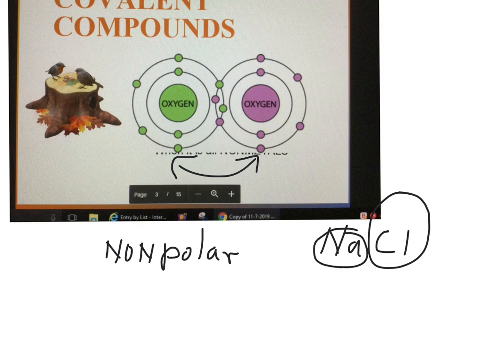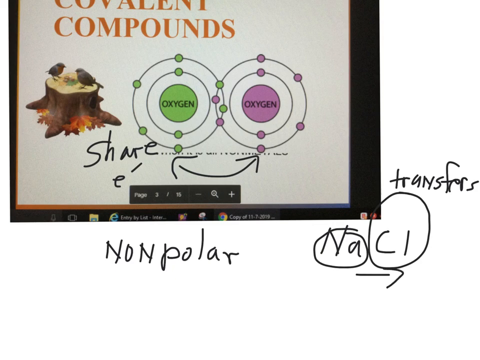This is an ionic bond. They transfer electrons, whereas covalent bonds share electrons. Because it's an unequal pull and chlorine is going to have a greater force, unequal means it's going to be polar.